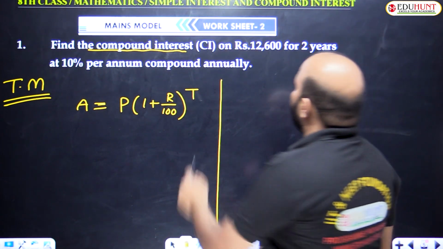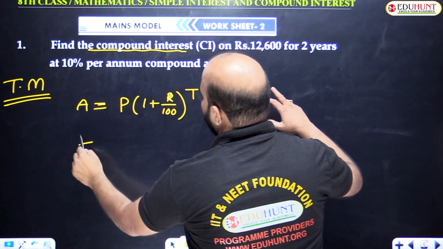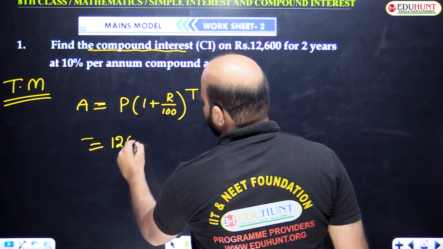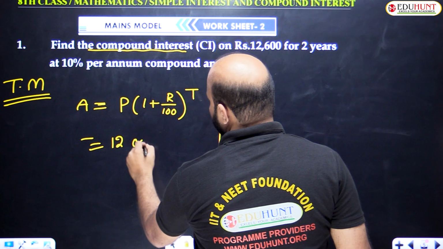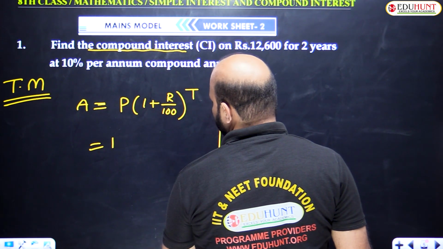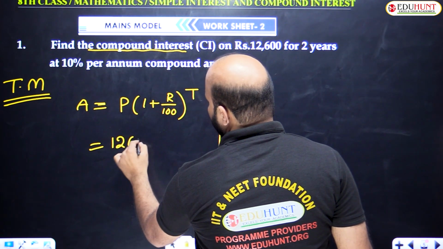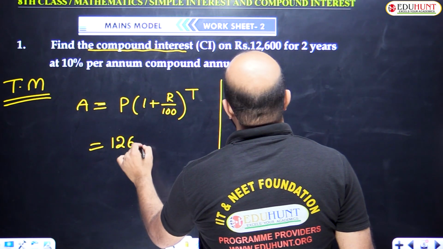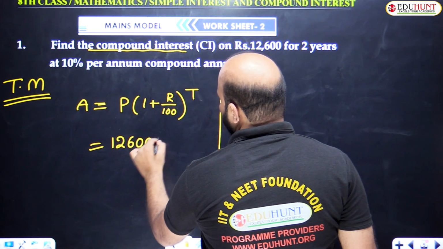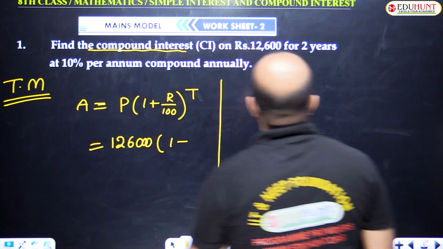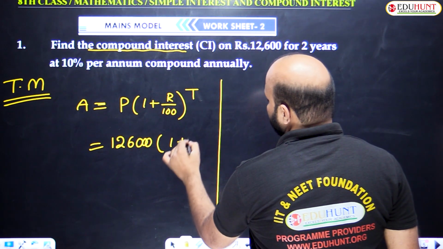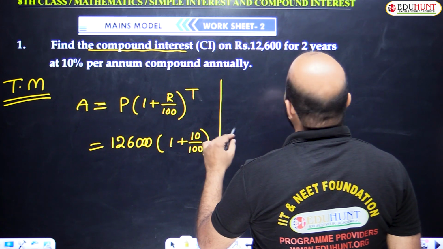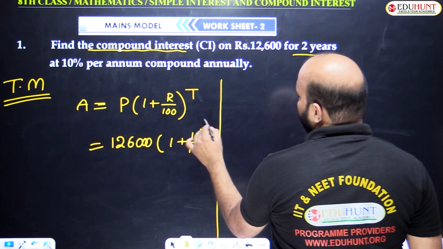So how much is the A value given? Principal, P value, how much is given here? Principal money 12,600. 12,600 into 1 plus R value, rate of interest 10%, 10 by 100 whole power T, T nothing but time period, 2 years given, whole square taken.